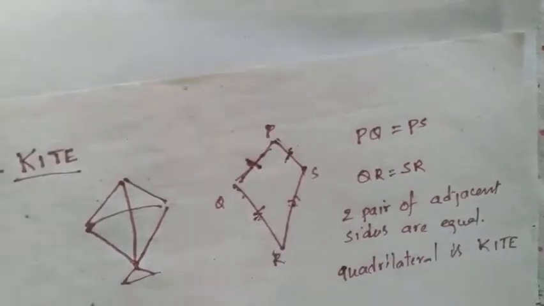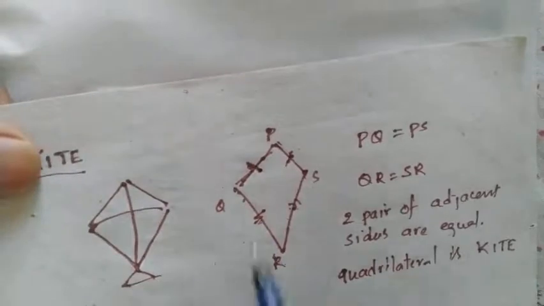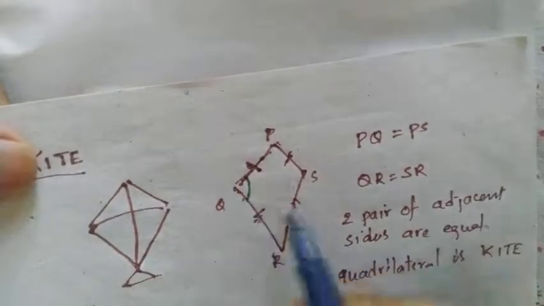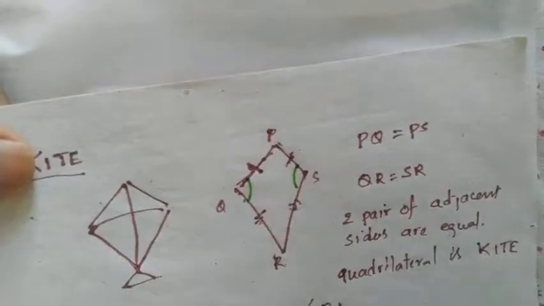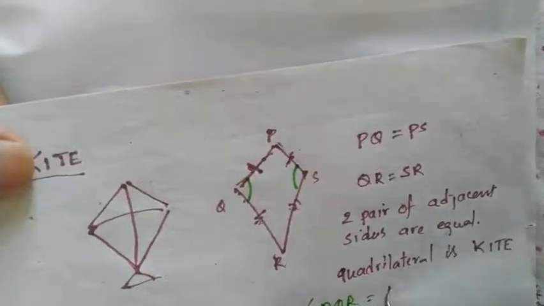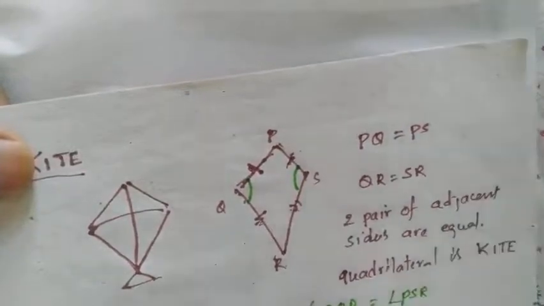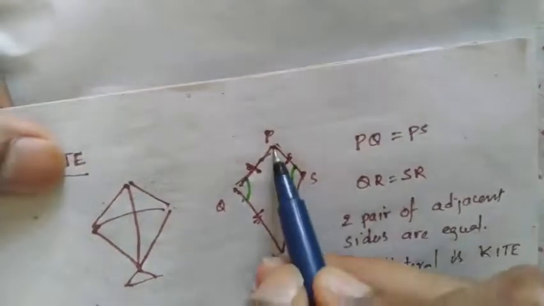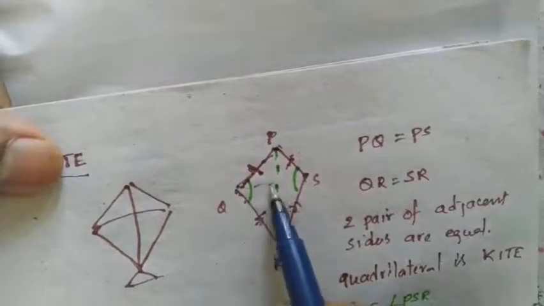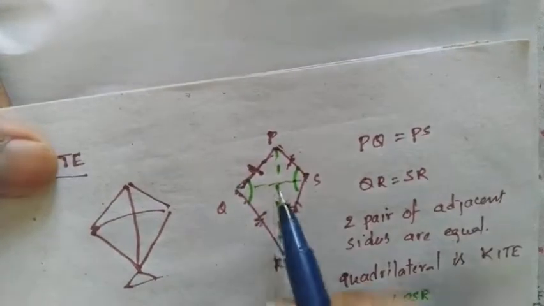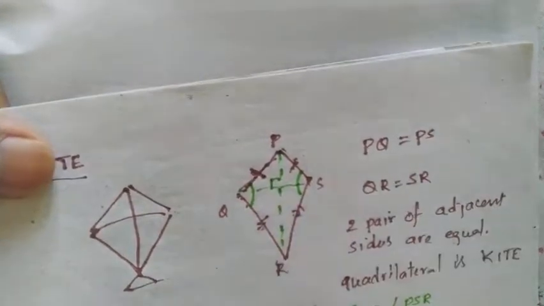One more property of this kite is that one pair of opposite angles are equal. Here angle PQR is equal to angle PSR. And if you draw diagonals PR and QS by joining the opposite vertices, they will be perpendicular to each other.